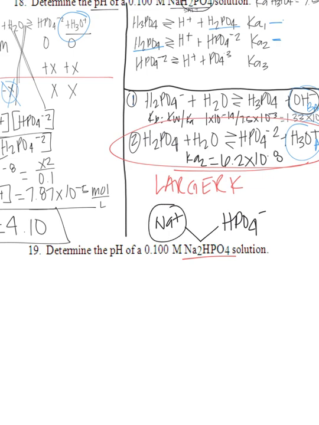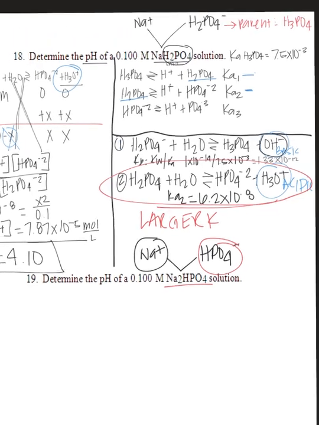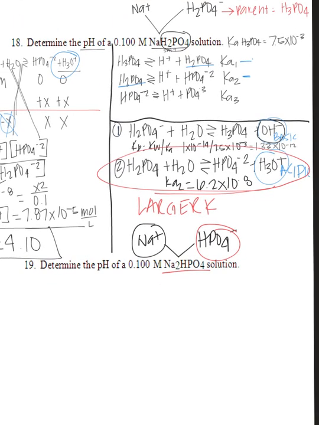Strong parent here, weak parent here, that's what we want. So that's the one we're looking at. It's just that it is a polyprotic acid as the parent, so we have to dissociate stepwise. Okay, we're going to use these same equations, but instead of me rewriting them, we're just going to look at the ones from up there. So we are trying to focus on HPO4. So we're looking here and here.